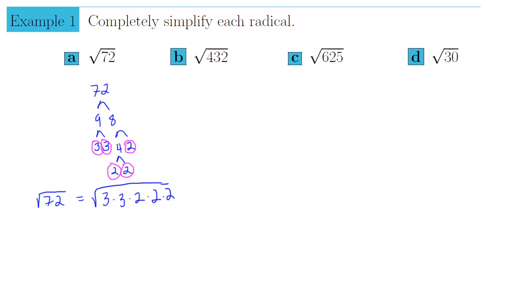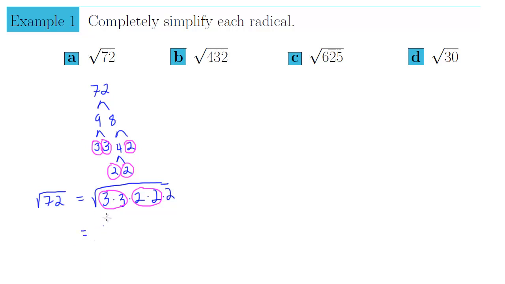And that means we can proceed to our second step and circle groups of n factors. Now, n in this case is 2 because we're dealing with a square root. So I'm going to look here at my group of 2 identical factors and then here at another group of 2 identical factors. These are going to come out of the square root because the square root takes 2 identical factors and gives you a single back.